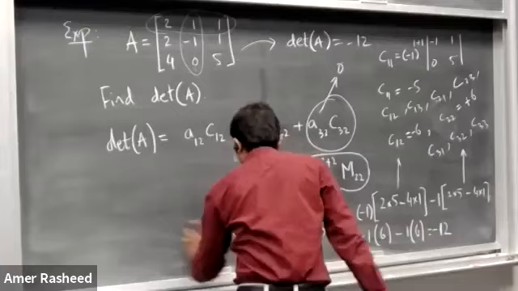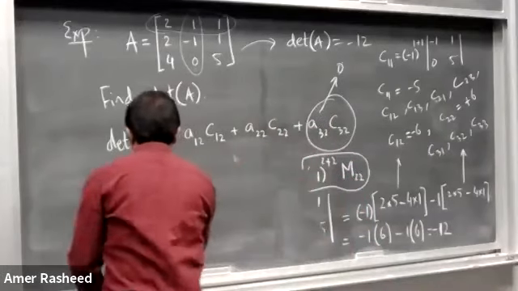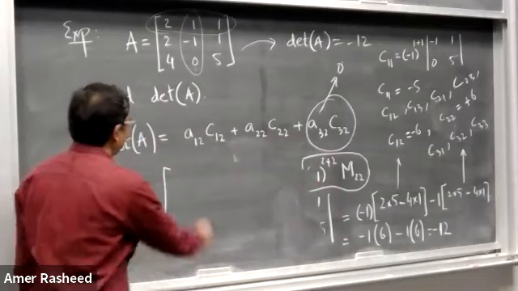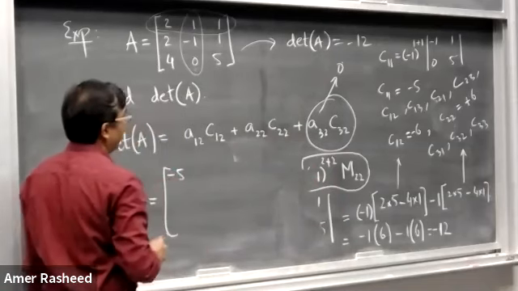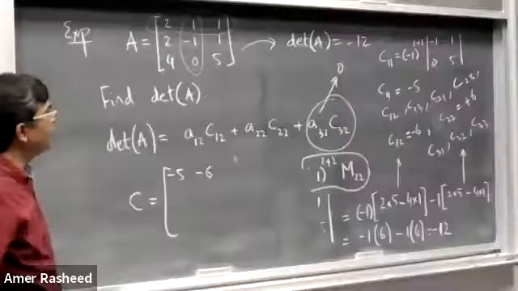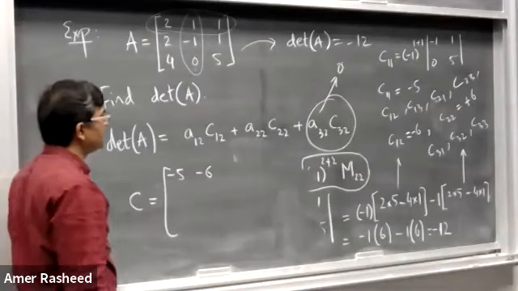So for C12, it's -6. Okay, let me write the cofactor matrix. The cofactor matrix is C11 is -5 and C12 is what? So -6. C13 is what? 4.